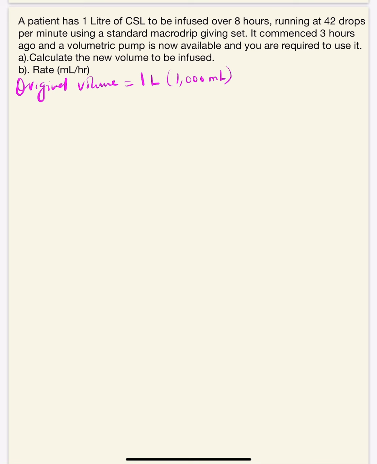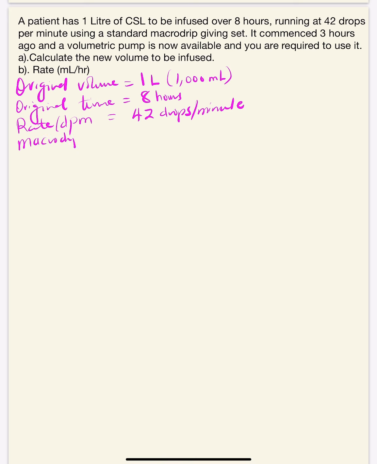The original time that we need to run this infusion is 8 hours, and the rate being used at the moment is in drops per minute, which is 42 drops per minute, and we are using a macro drip giving set. When we use a macro drip giving set, it's 20 drops for every single mL.